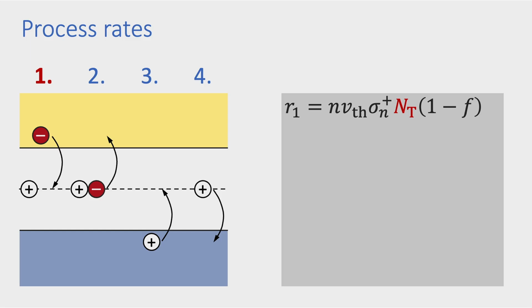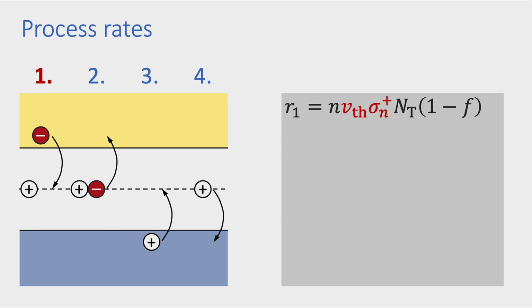As mentioned earlier, this donor-like trap can only capture an electron if it is not already occupied by an electron, which is incorporated by the trap occupancy of the electrons, f. This means that 1 minus f is the trap vacancy of electrons, so the probability that the trap is not occupied by an electron.